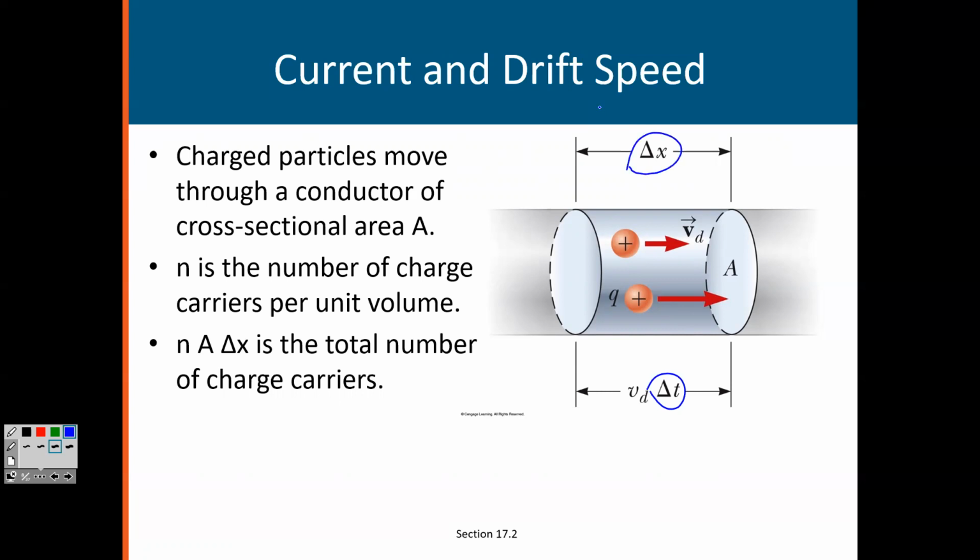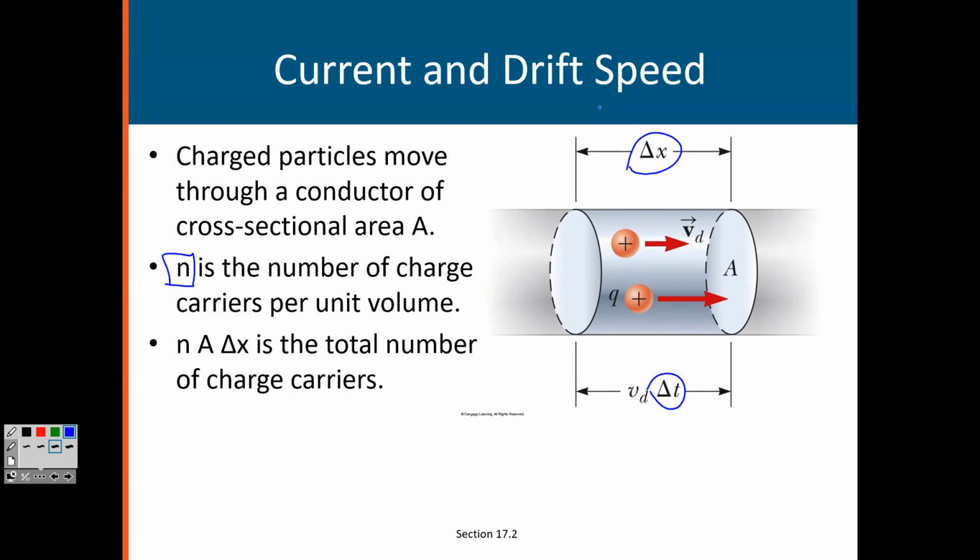So we are trying to get an idea of how the current is related to the flow of charges. Let's say n, the small n, is the number of charge carriers per unit volume, like a density. How many charges we have in a unit volume, in a meter cube or centimeter cube.